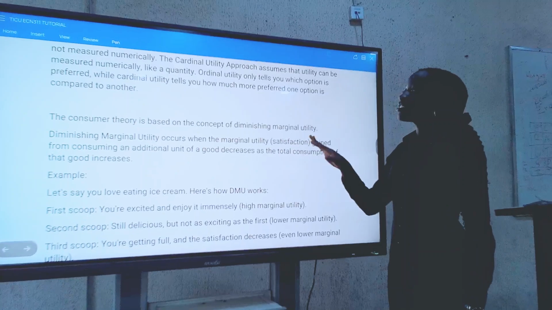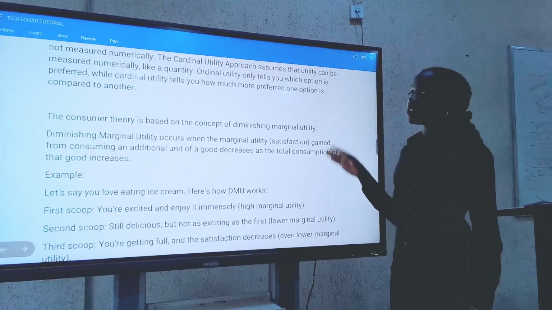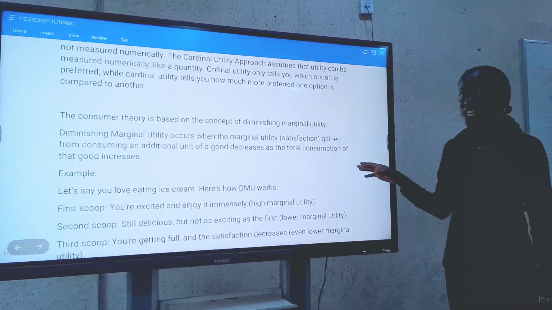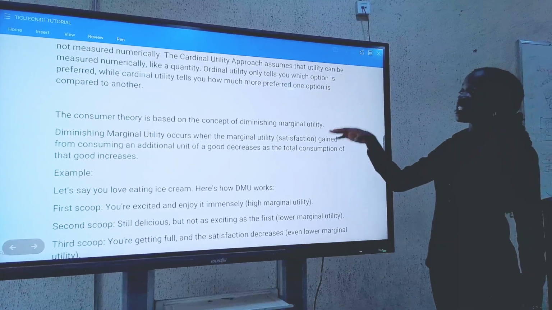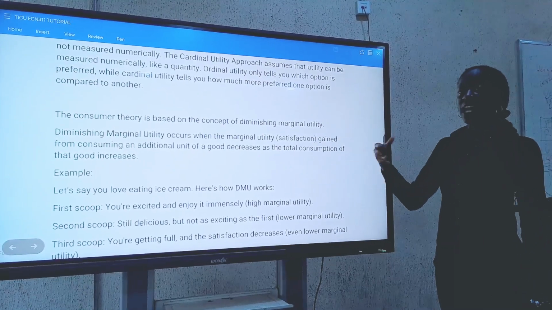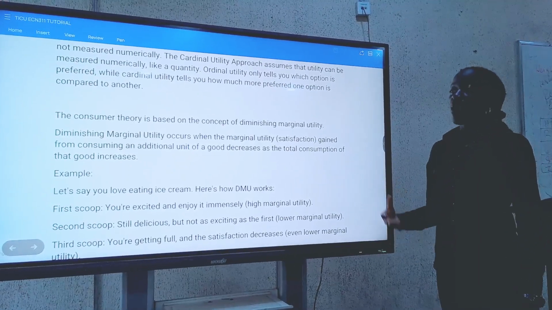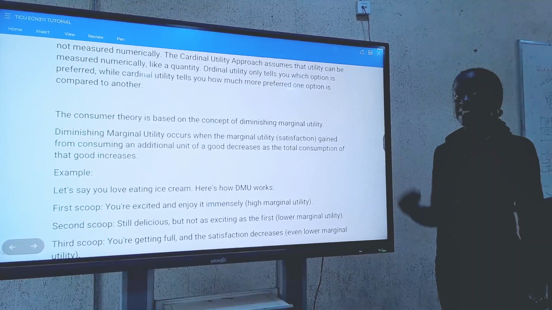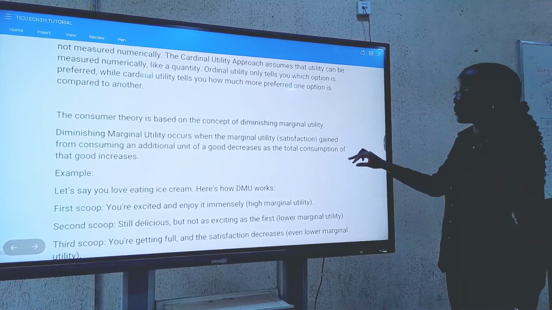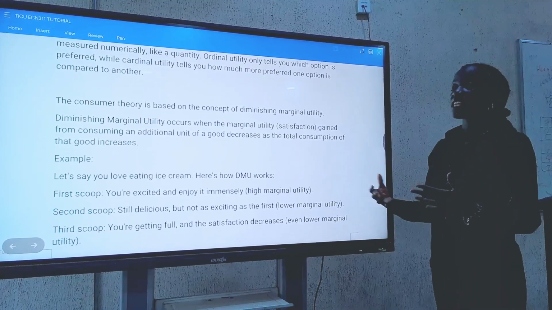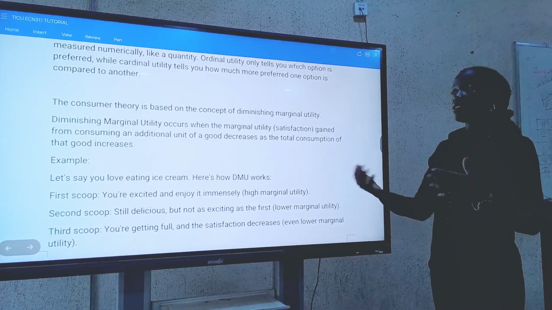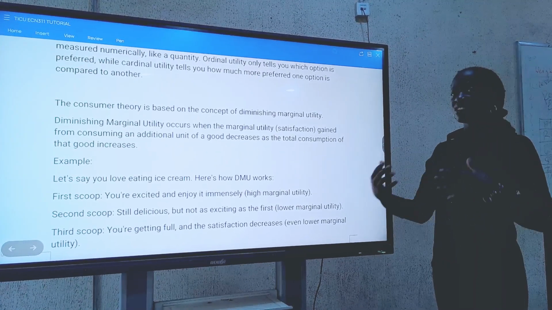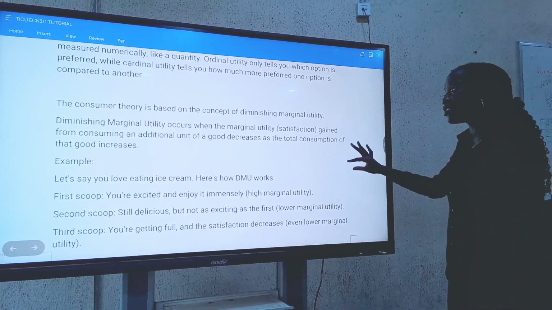And the consumer theory is based on the concept of diminishing marginal utility. And diminishing marginal utility is what I explained earlier, that the more you take of a product, the less satisfaction you derive from it, or the more you take a product, the less you want, the less it satisfies you, basically.